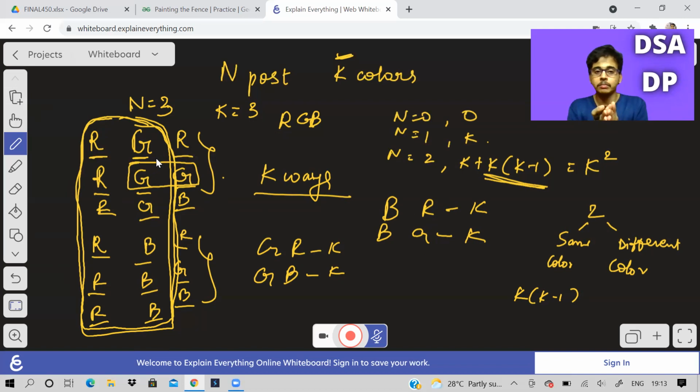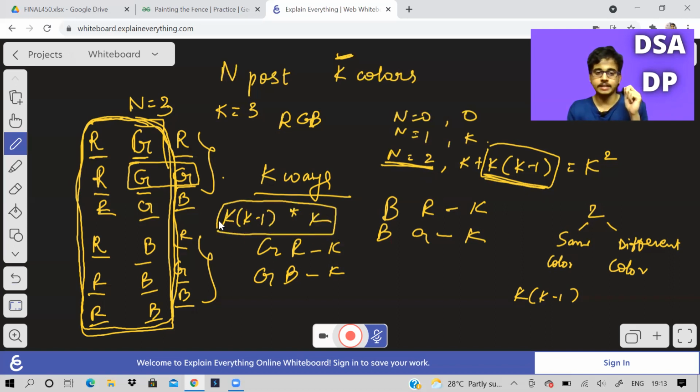So we have to multiply k with the number of ways to paint the previous two posts in different colors, that is k into k minus 1, already discussed in the example for two posts. So I should do k into k minus 1 into k. This will be the total number of ways to paint the third post, given that the previous two posts are painted with different colors.